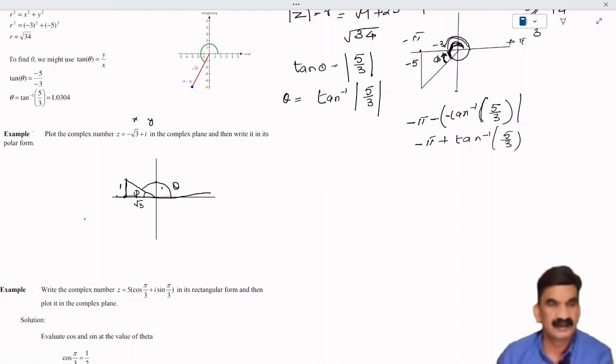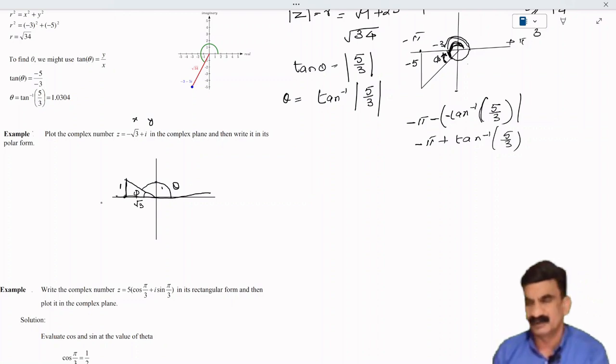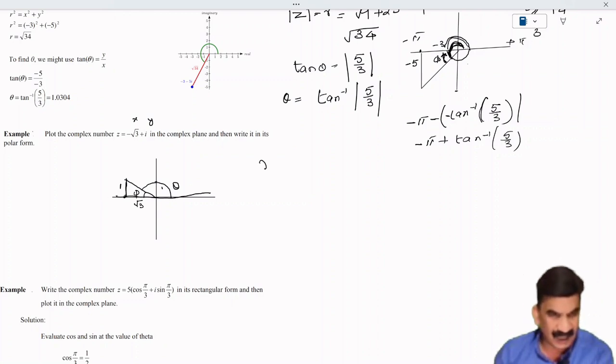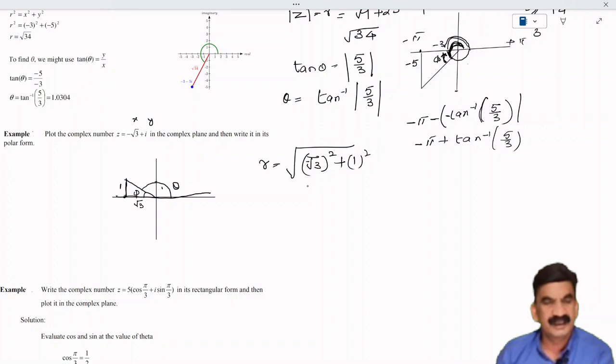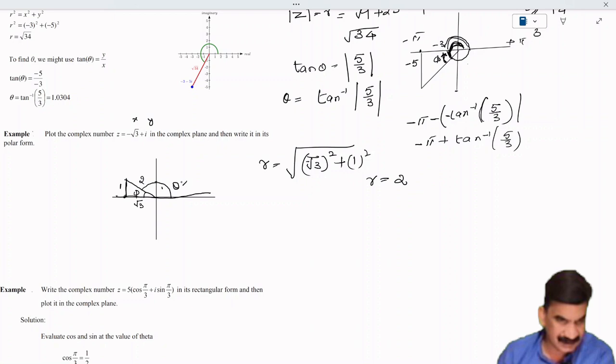And this is 1. So first of all, let's get amplitude, magnitude, whatever you say. So the value of R would be root of root 3 squared plus 1 squared. Root 3 squared is 3, plus 1 is 4. R is straightforward 2. So this guy is 2. Now I have to get this theta, and this is phi. I'm sure I know tan phi.